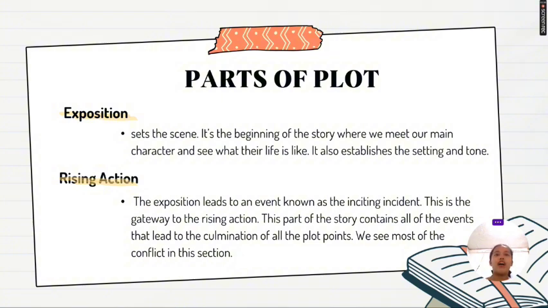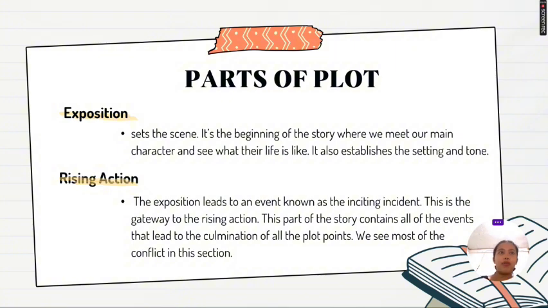So here, the antagonist, protagonist, the setting is being introduced so that the reader will be able to follow what is going on in the story. And also it is the part where the reader will set their expectations on the book that they will be reading.